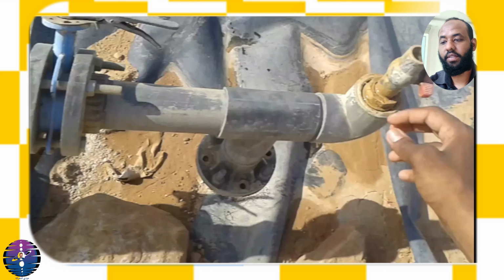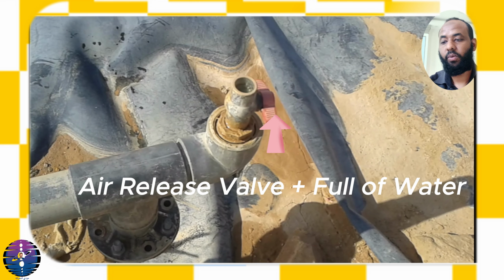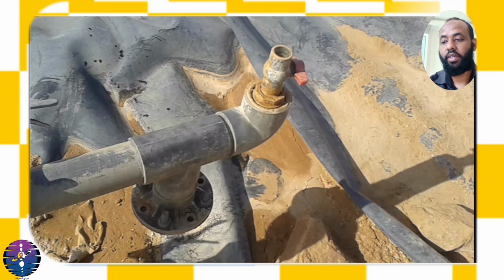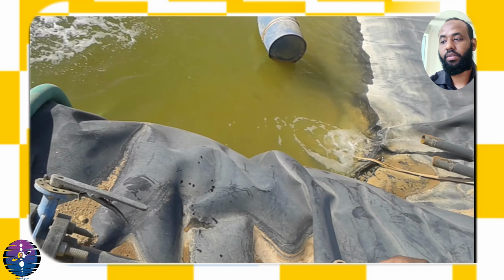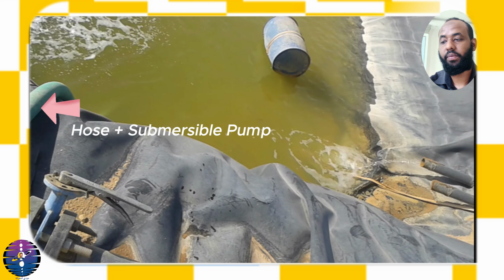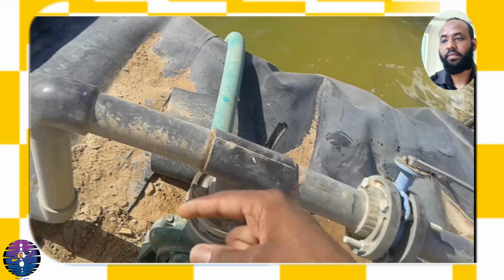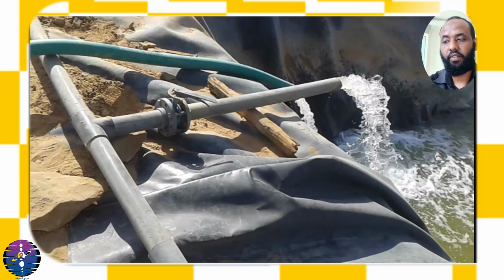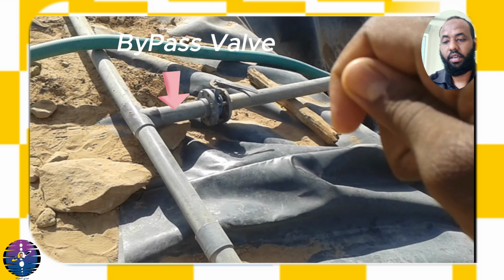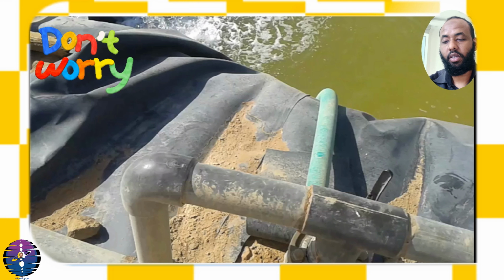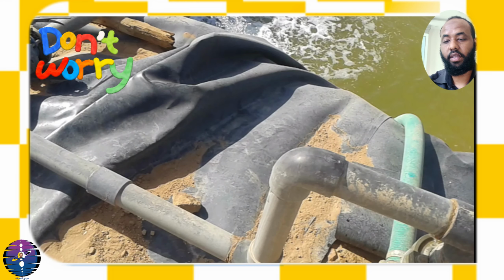To operate this system, we fill the air release valve with water to expel all the air from the hose. After that, we open the bypass valve and then turn on the pump, which will draw all the cyanide solution.